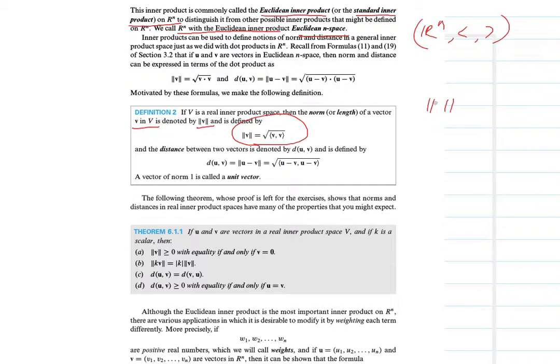So norm V is nothing but root of inner product VV. And the distance between two vectors is denoted by d(u,v) and is defined as norm of u minus v.